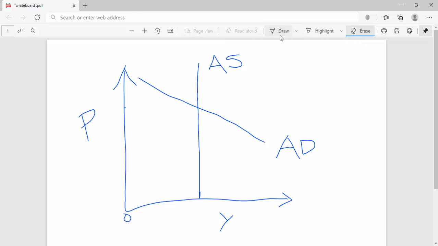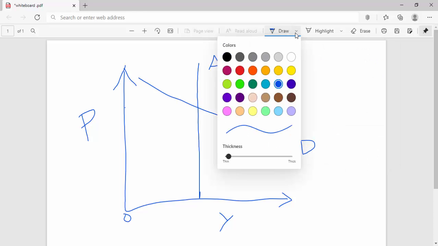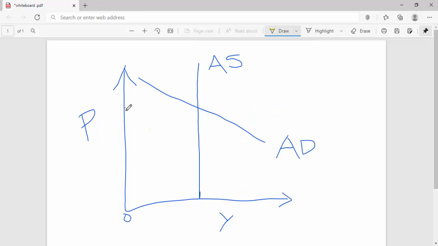I hope I'm not taking too long with this. I don't want to bore you. Sometimes this laptop is just too slow for me. There, let me change the color. We will call this P0, at equilibrium.